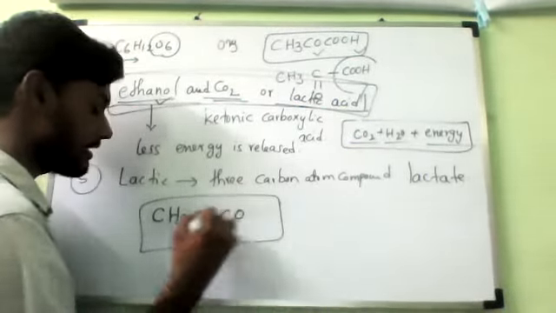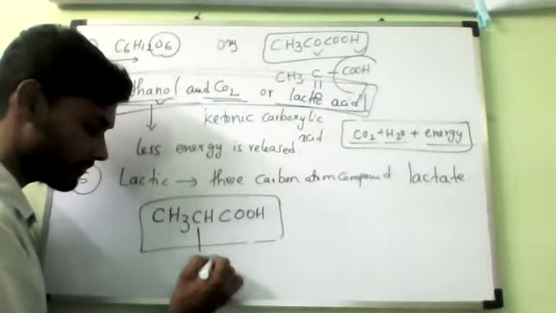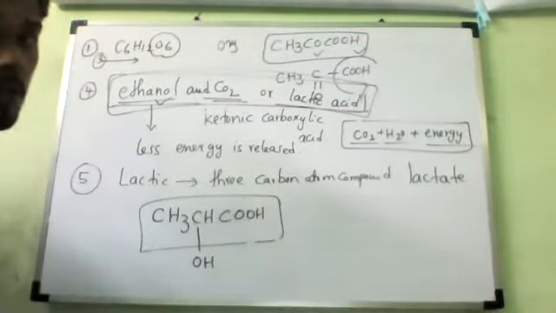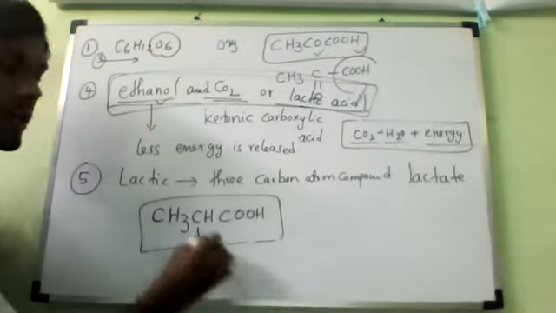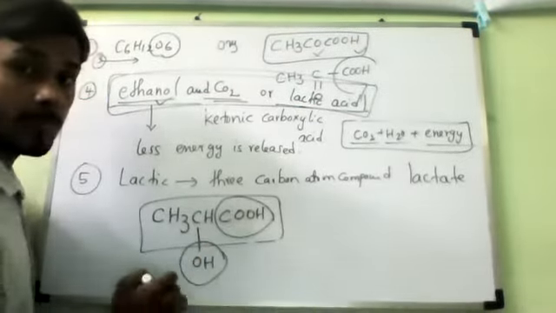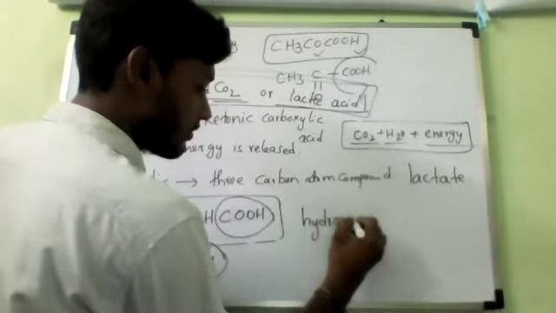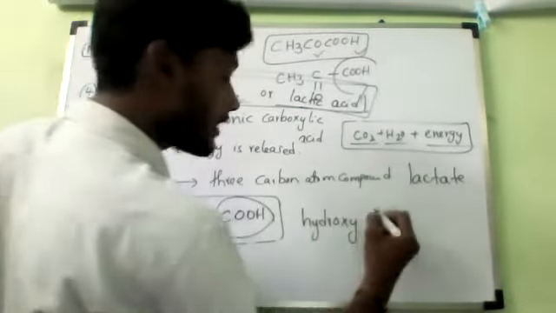So CH3, CHCOOH, and down we get OH. That is what you should remember. So this has an OH group as well as a carboxylic group, so we can call this hydroxy carboxylic acid.